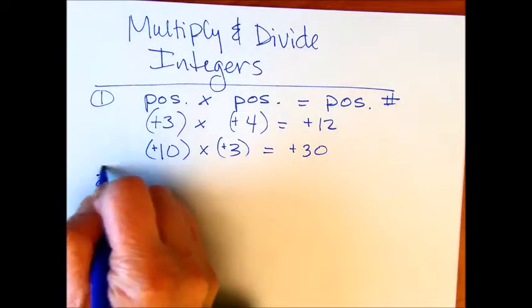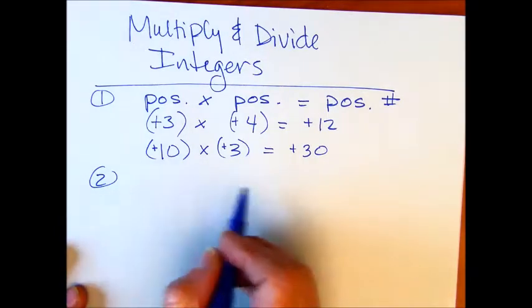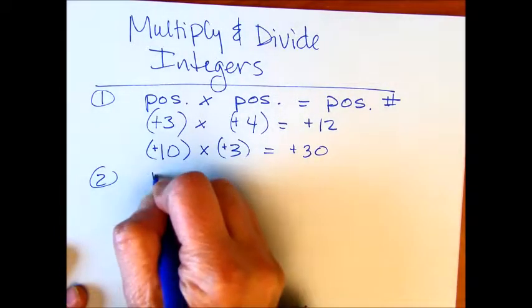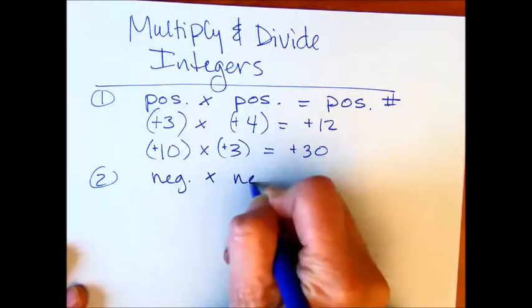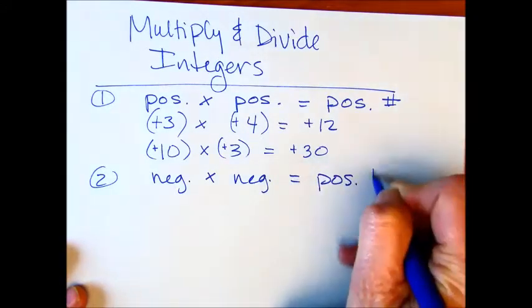The second rule is when you multiply two negatives, you're going to get a positive number. So I'll write that down in shorthand. Negative times a negative equals a positive number.